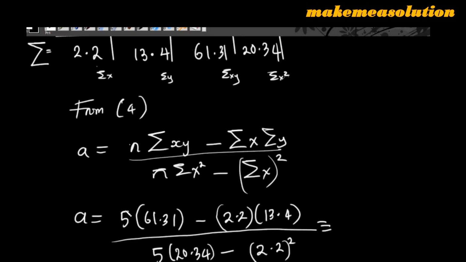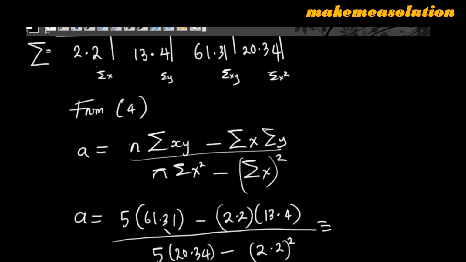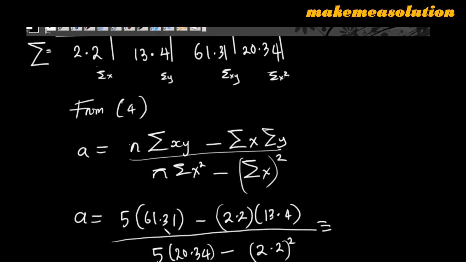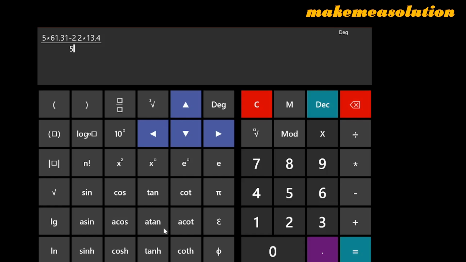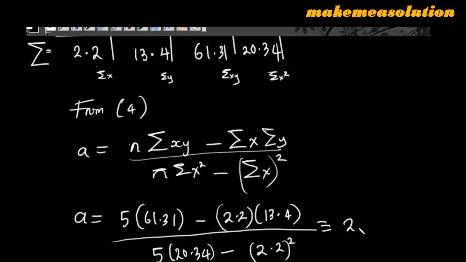So I'll input 5 times 61.31 minus 2.2 times 13.4, then everything divided by 5 times 20.34 minus 2.2 to the power of 2. This gives me 2.86052. That's the value of a.